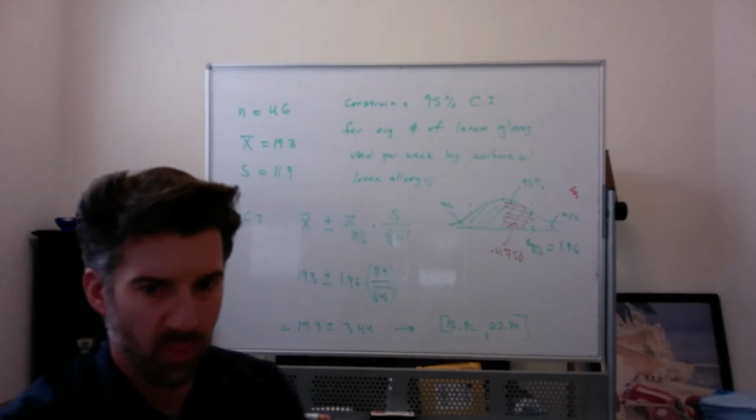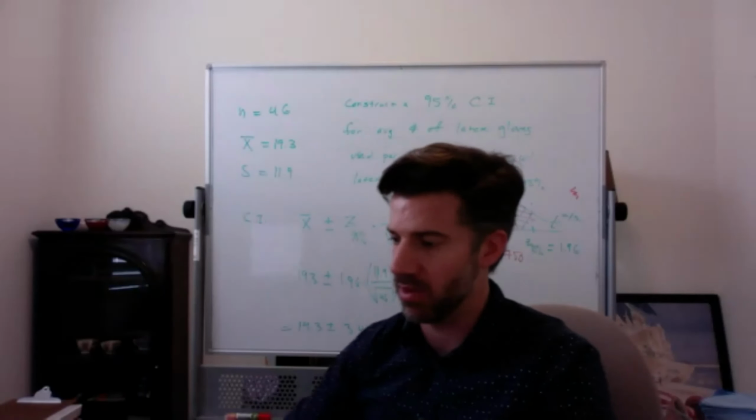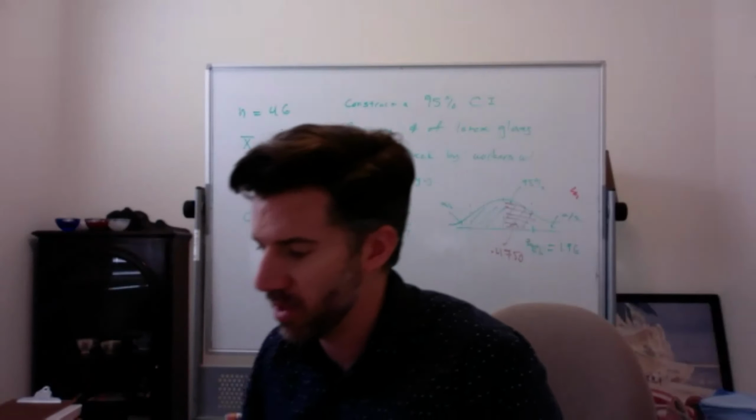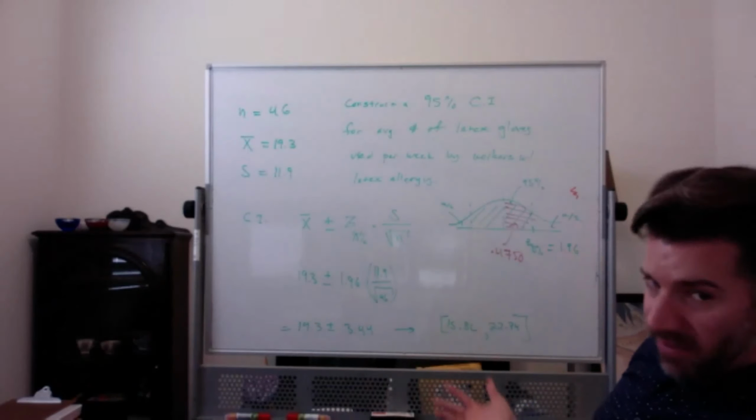But I think the more important part here is being able to explain what this means. And they definitely ask that in the next question in this book. The next question is, give a practical interpretation of the interval you found. So what does this interval mean? Well, it's a 95% confidence interval.